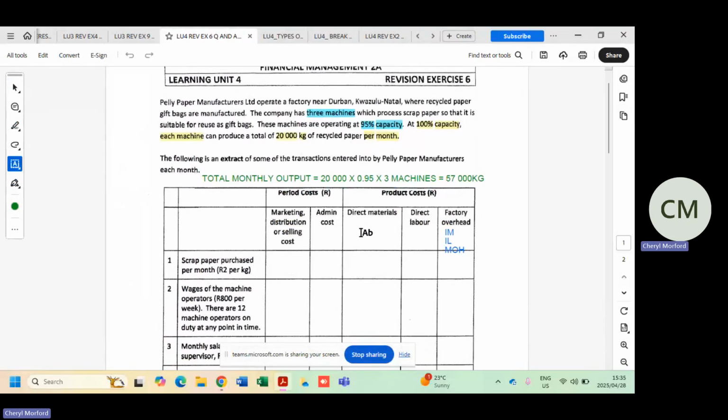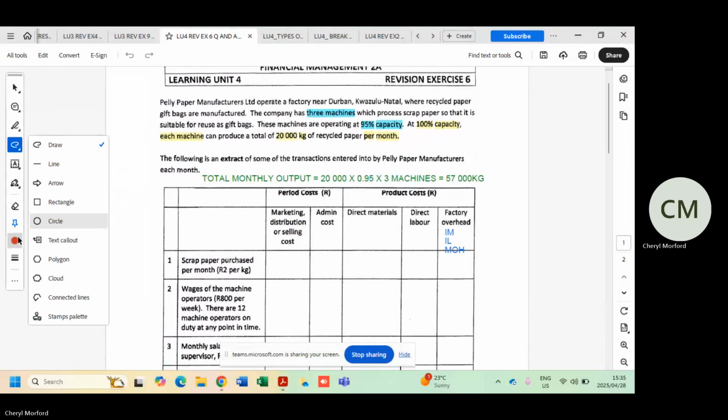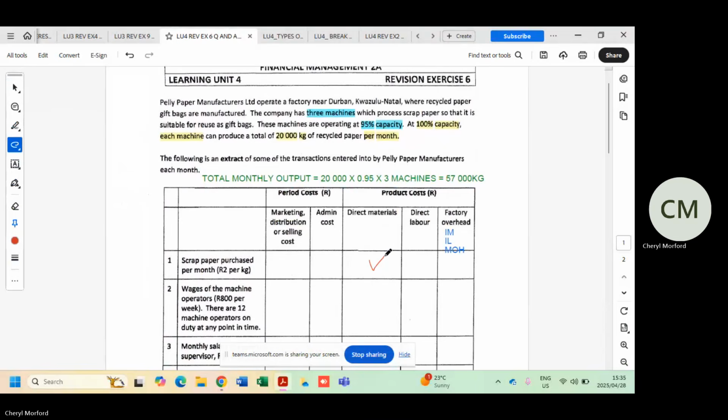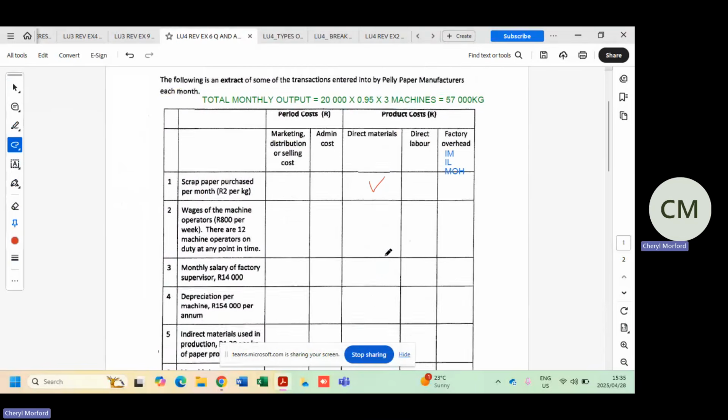So how much is the scrap paper going to cost us? First of all, we need to tick the column. This one is going to be a direct material. And what amount is it going to be?